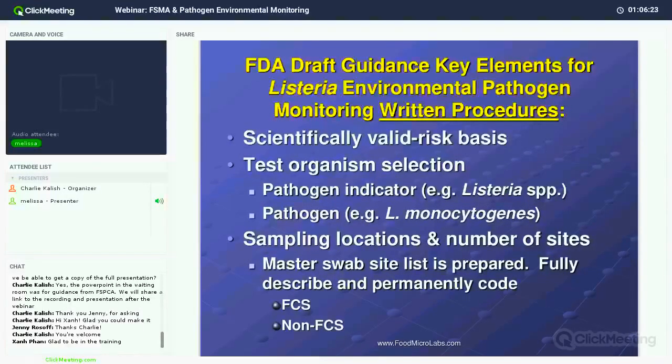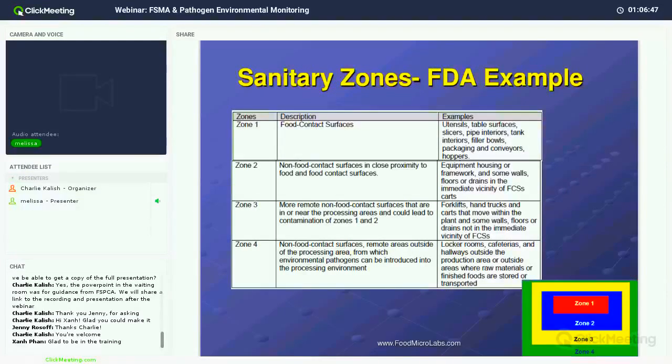The written program needs to talk about sampling locations and number of sampling sites. It needs to have a master swab site list that supports the program, where the sites are fully described, and they should be permanently coded relative to what sanitary zone they're in, whether they're in food contact or non-food contact.